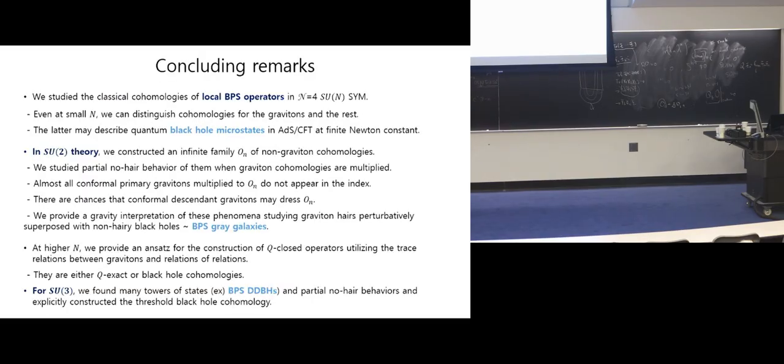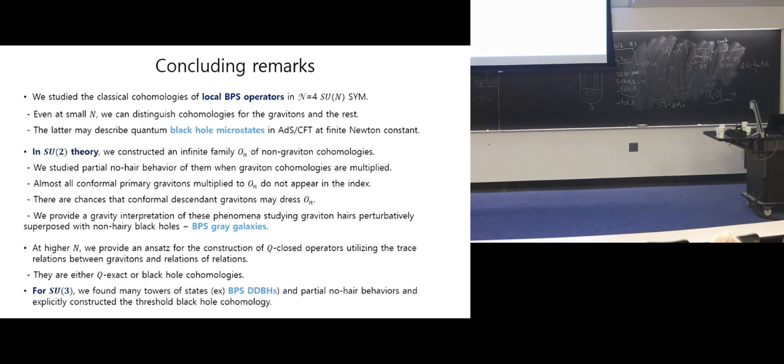So let me conclude. We studied the classical cohomologies of BPS operators in N equals 4 super Yang-Mills, and yeah, from the series of talks, you heard that even at small N, we can distinguish cohomologies for the gravitons and the rest, monotone fortuitous, and fortuitous operators may describe quantum black hole microstates in AdS/CFT at finite Newton constant.